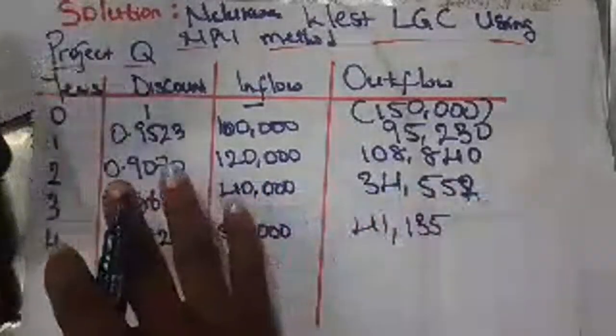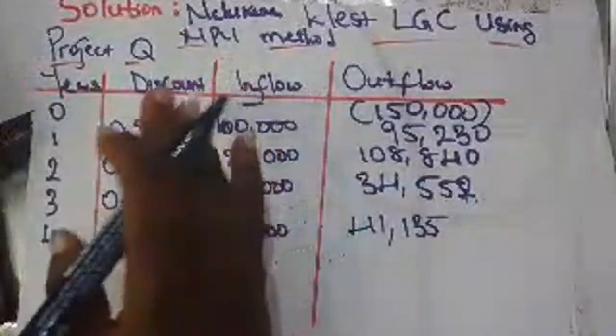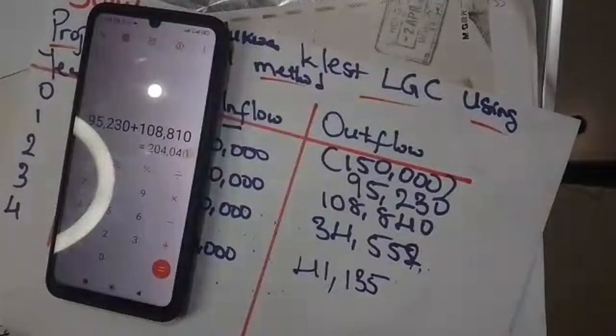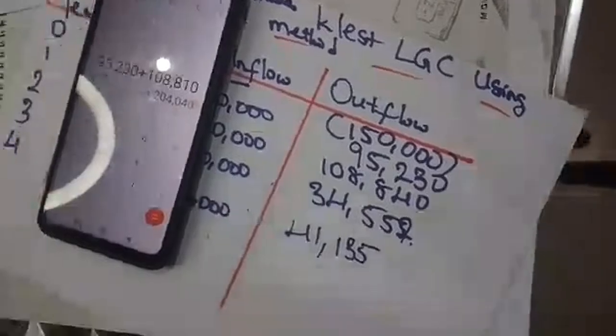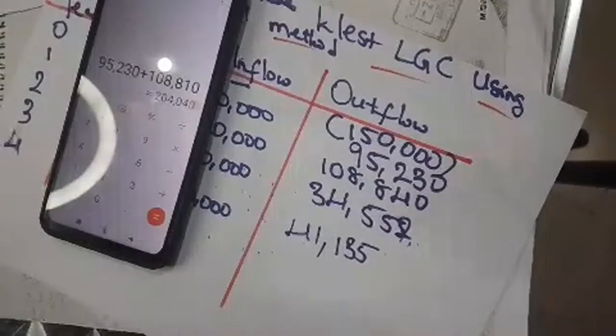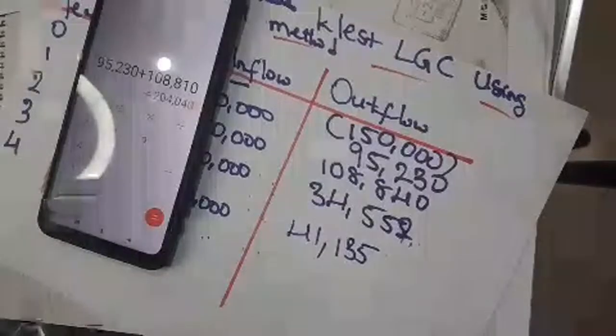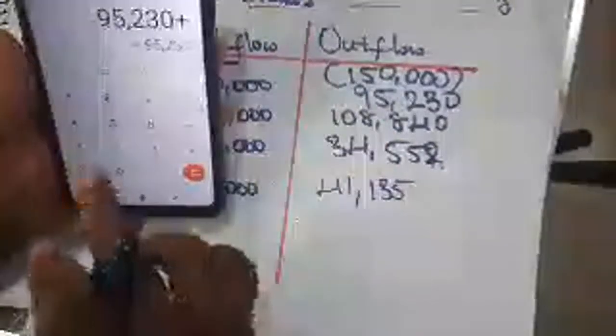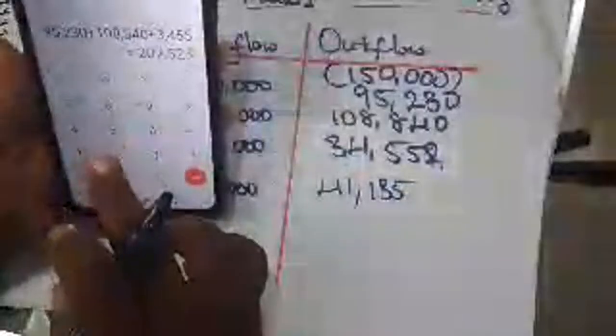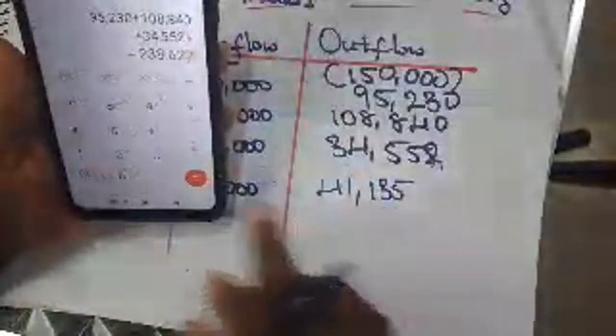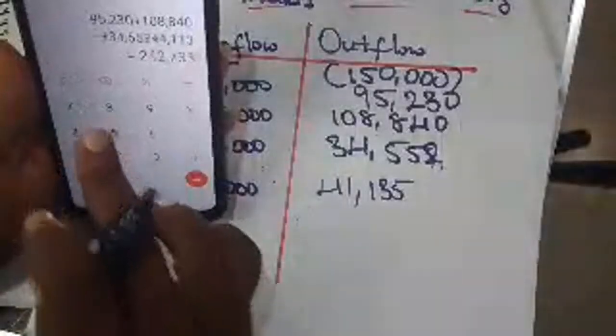The next step after multiplying the inflow by the discount is to add them up. I'm so sorry for that. Let's do that again. 95,230 plus 108,840 plus 34,552 plus 41,135.